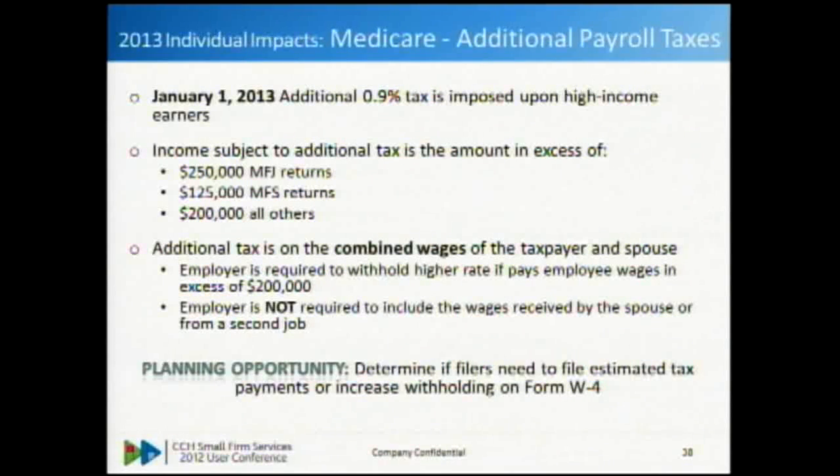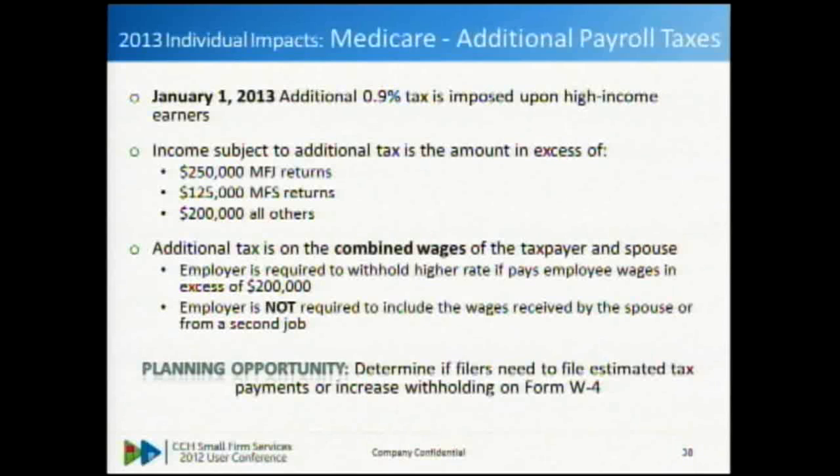One thing to be aware of, and here's where your opportunities come in: this additional tax is on the combined income. So if you have a taxpayer that has multiple jobs or a married filing joint return, it is on the combined wages of both jobs or of the taxpayer and spouse. The employer is only required to withhold on wages they pay in excess of this. So you need to look for opportunities.